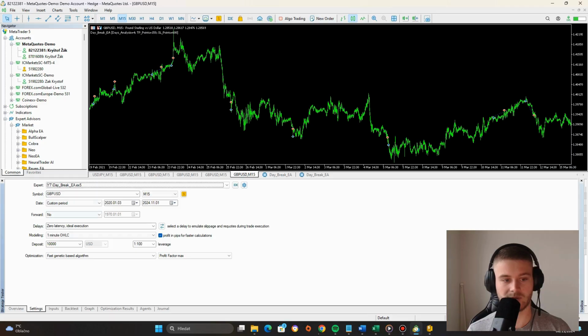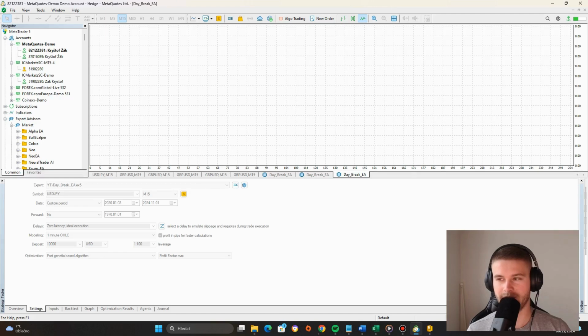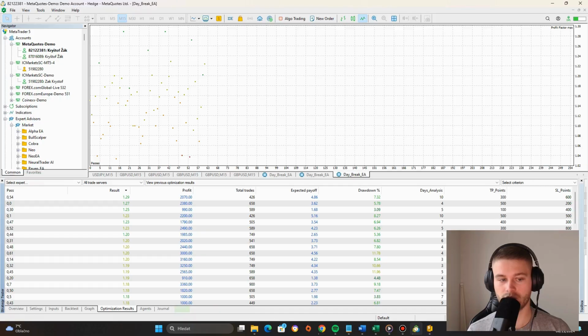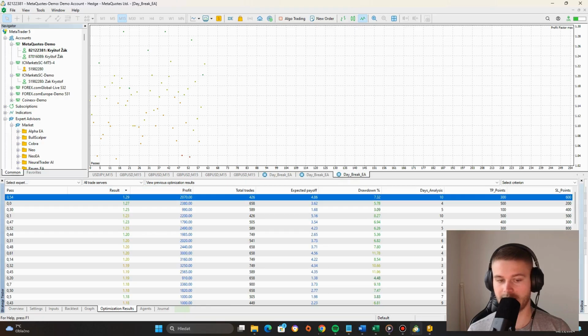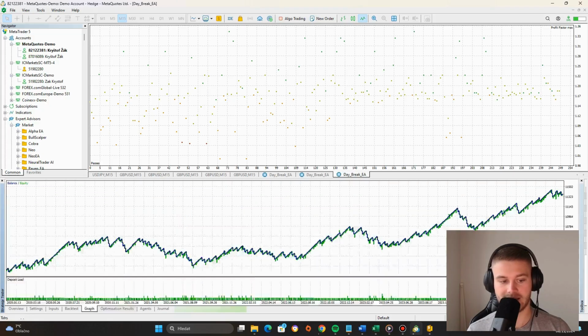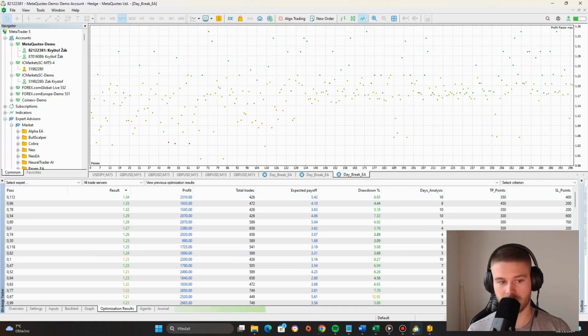So let's try to optimize this for USD/JPY, which I think is a very volatile currency pair. So it should perform a little bit better, I guess. And from the backtests, we can see that the highest profit factor is 1.79, which is higher than the highest profit factor for the GBP/USD.